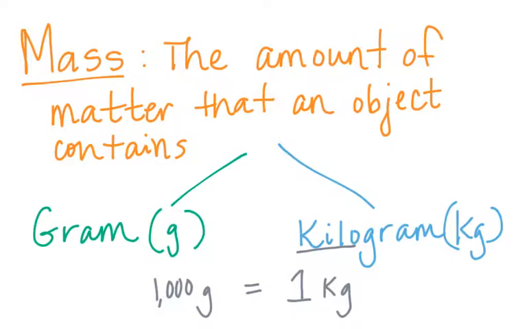Weight has a lot to do with gravity and the pull towards Earth. So for now, you can still think about it as weight, but just know later on you're going to learn the difference between those two.